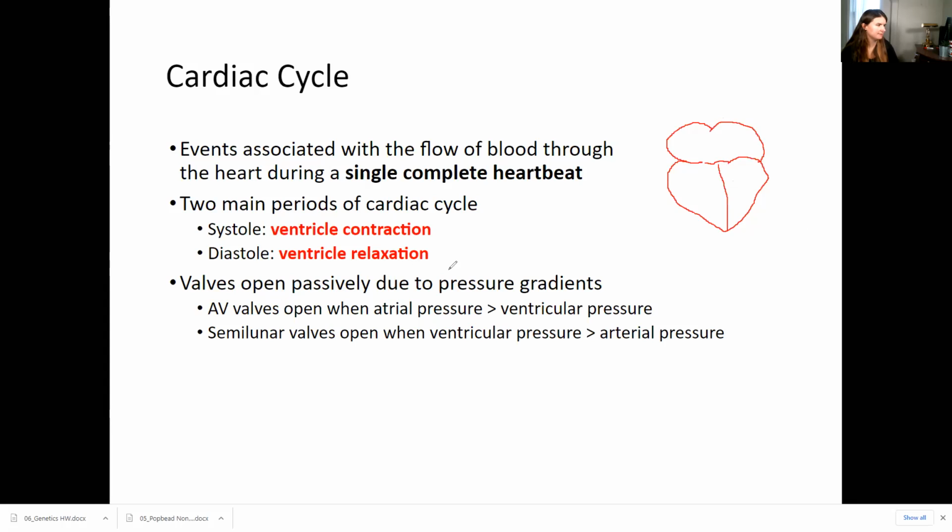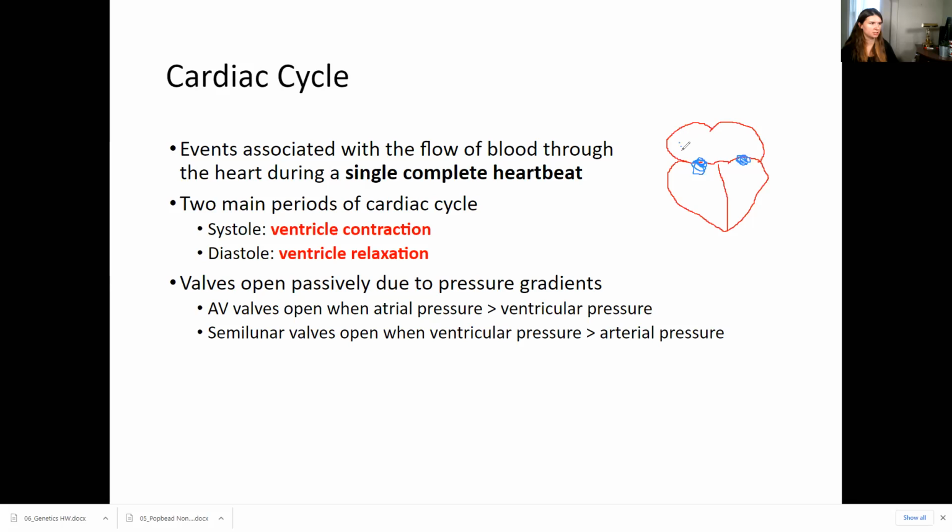So the AV valves, which are located between the atria and ventricles, we have our tricuspid valve and our bicuspid valve here. These are going to open when the atrial pressure is higher than the ventricular pressure. So they're little leaflets.